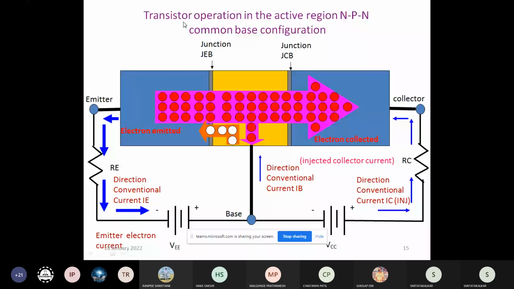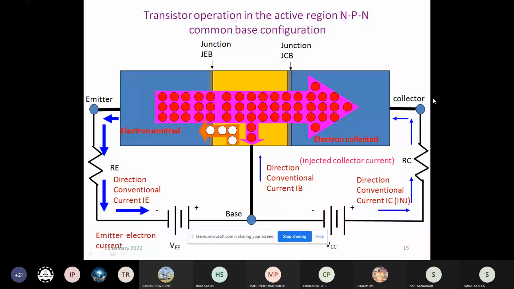The transistor operation in the active region, for an NPN transistor. There are two junctions. One junction is the emitter base junction and the other is the base collector junction.